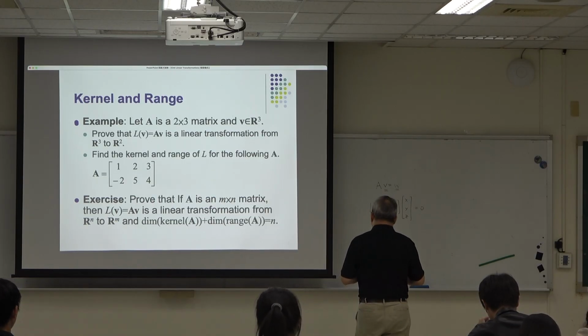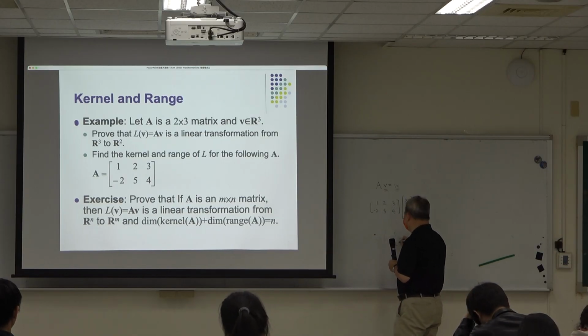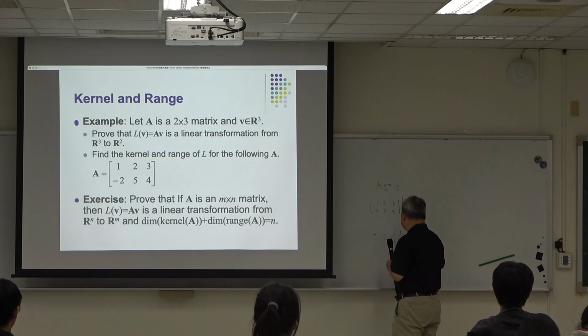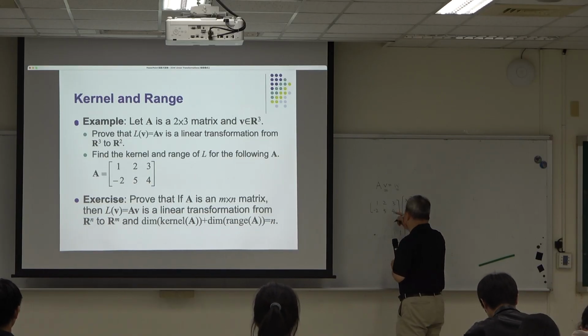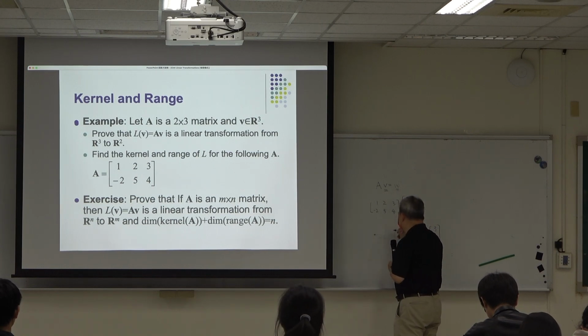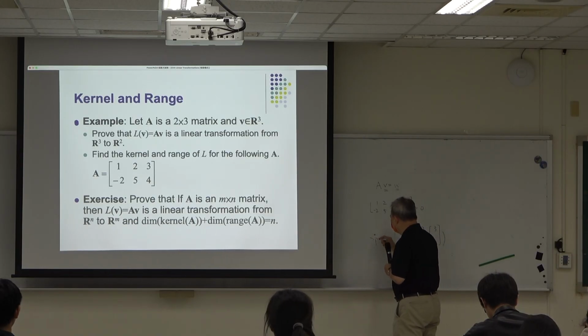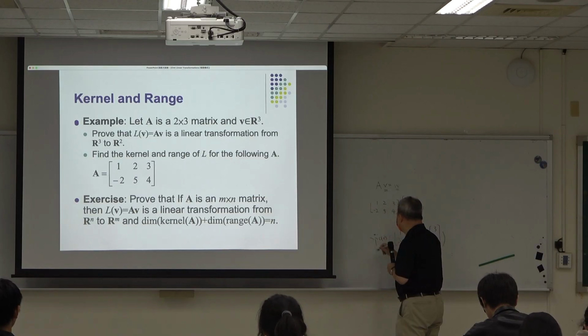You can treat it as a linear combination of the column vectors, the space spanned by the column vectors.